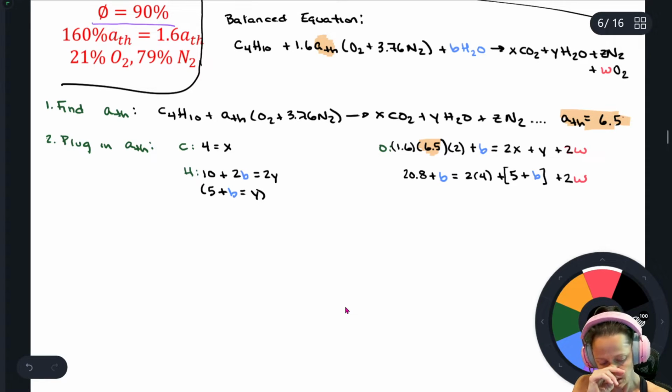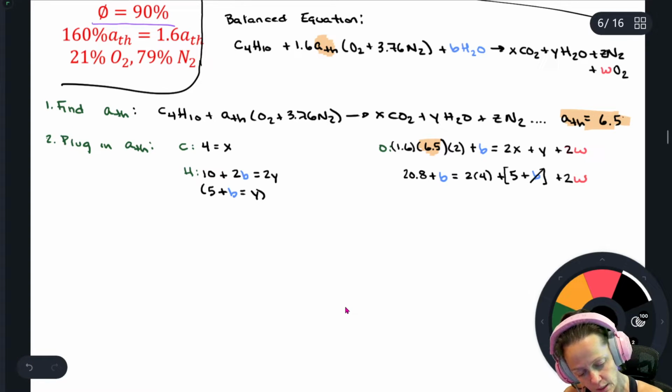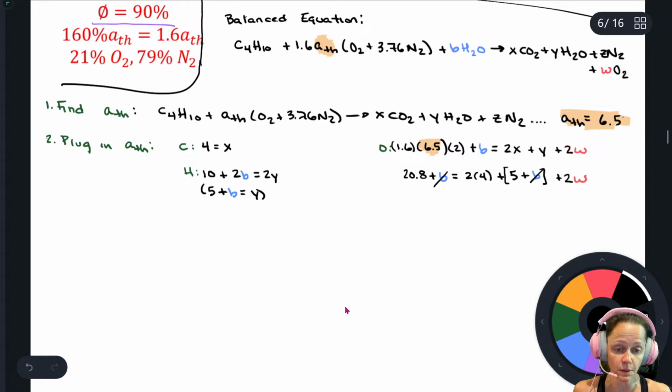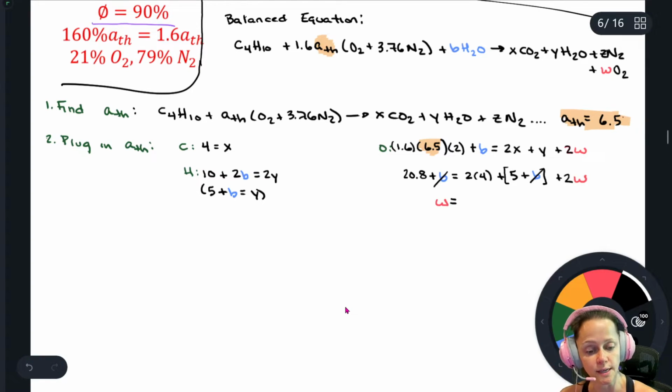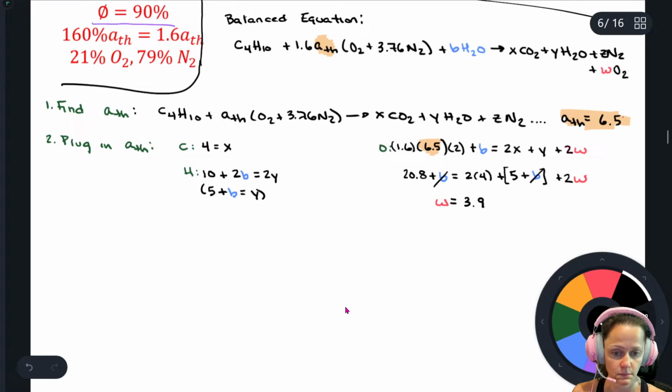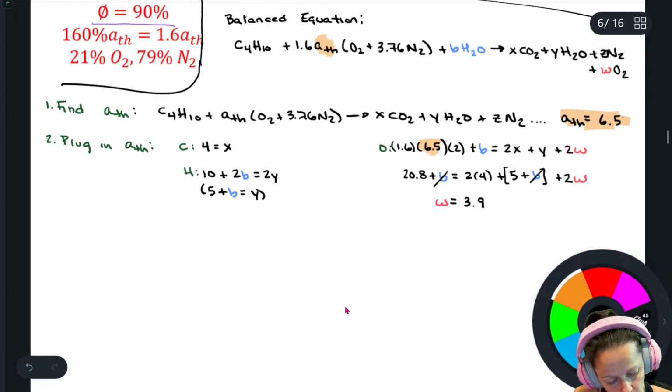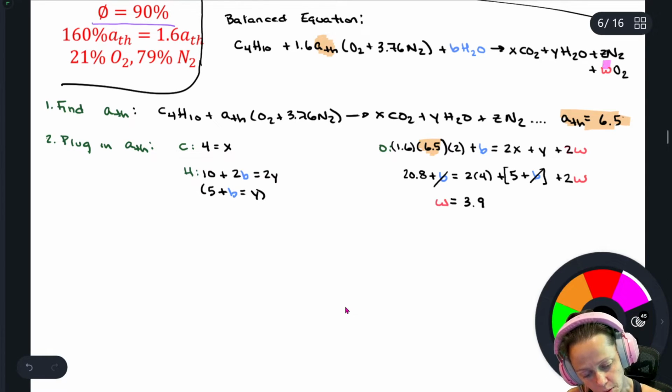All right. So that doesn't really help me with B, but it does help me with W, I guess. So W ends up being 3.9, right? Yeah, that's all I got. So let's highlight that W.